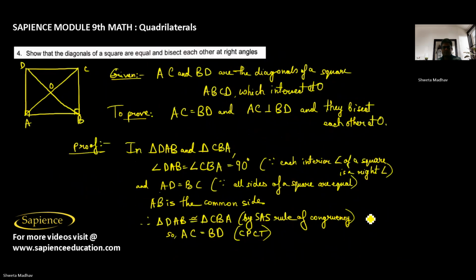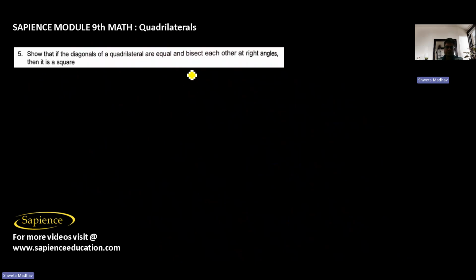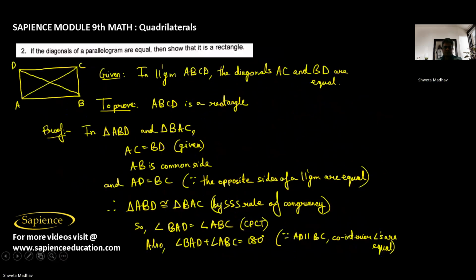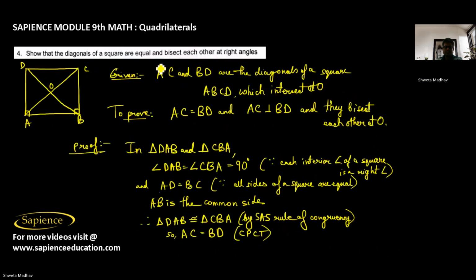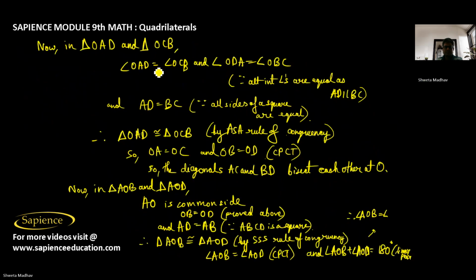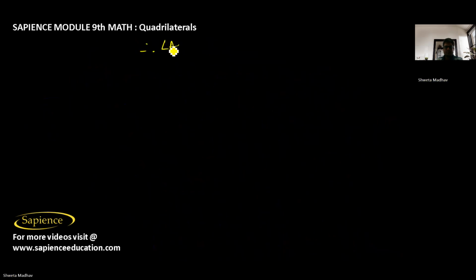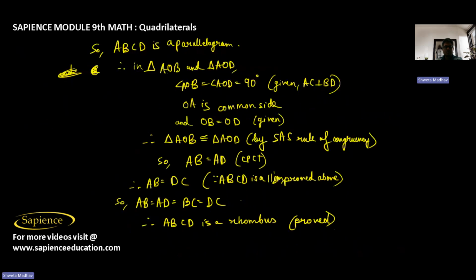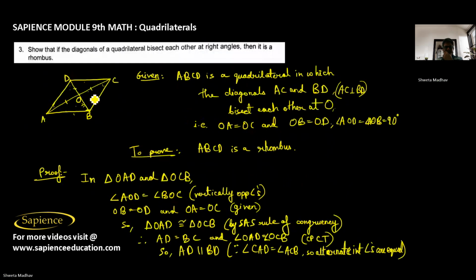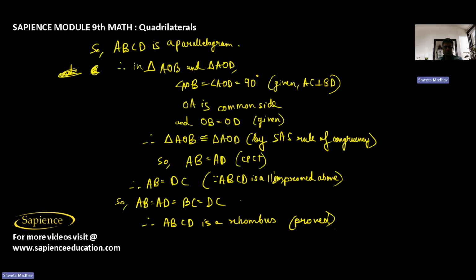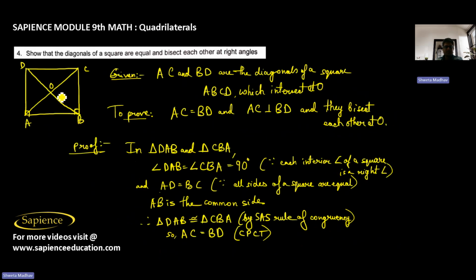Therefore, we can say that angle AOB equals angle AOD, which equals 90 degrees. Hence AOB equals AOD equals 90 degrees.